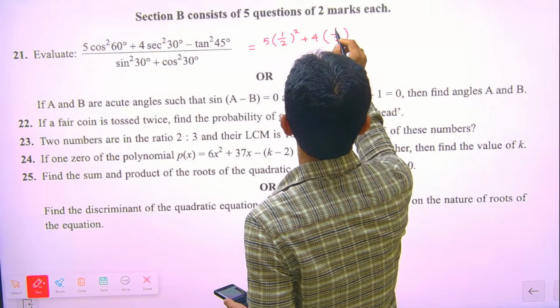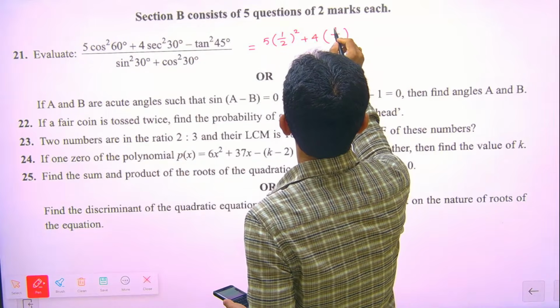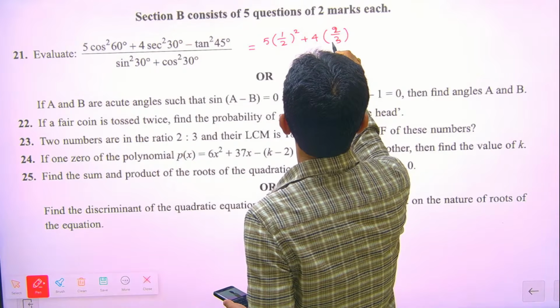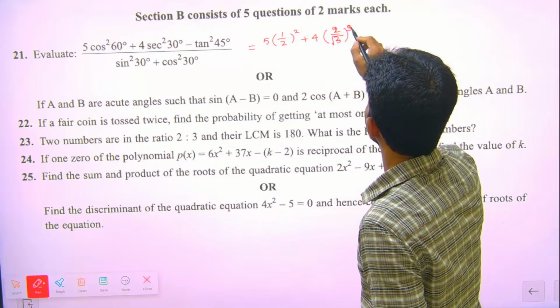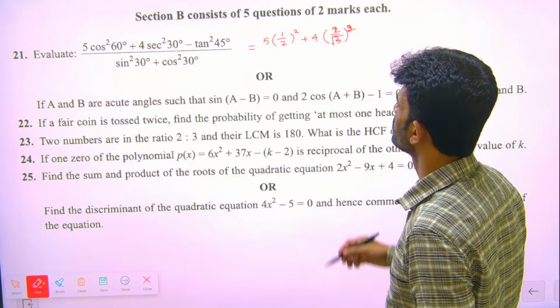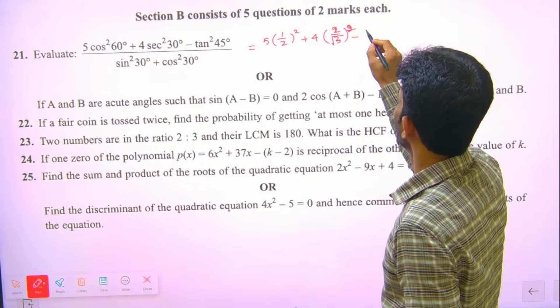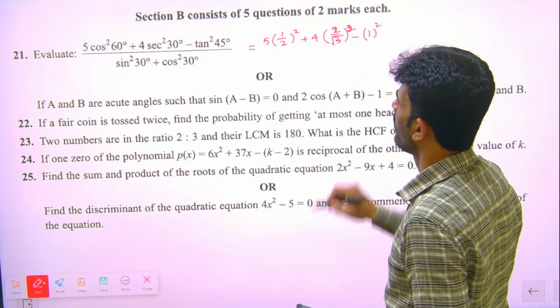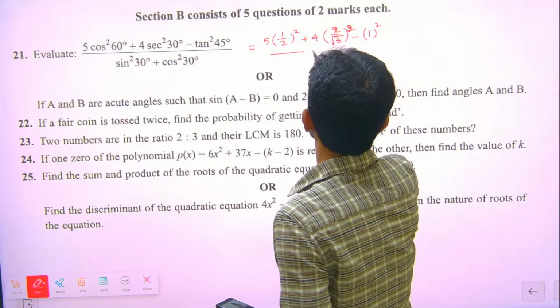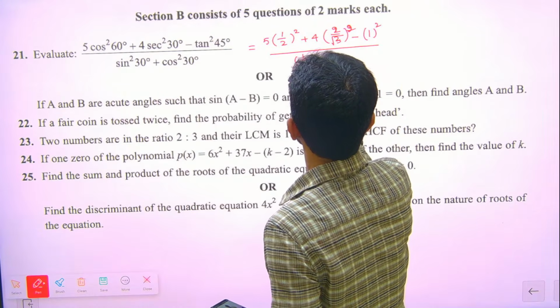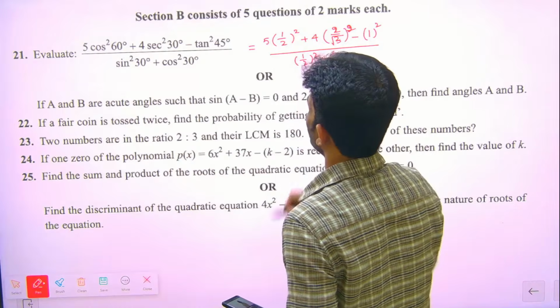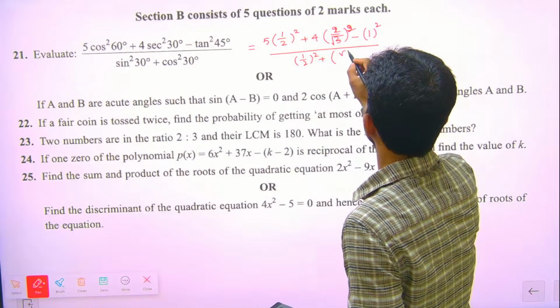We have to be careful about these values. 2 by root 3 whole square, minus tan 45, 1 square, by sin square 30, which is 1 by 4, 1 by 2 whole square, plus cos square, that is root 3 by 2 whole square.